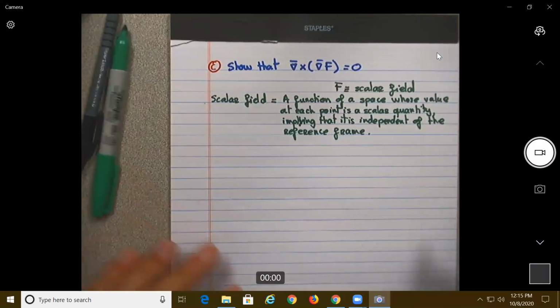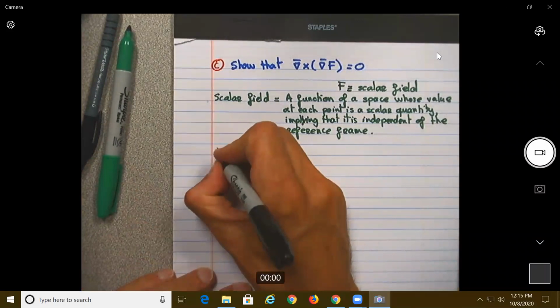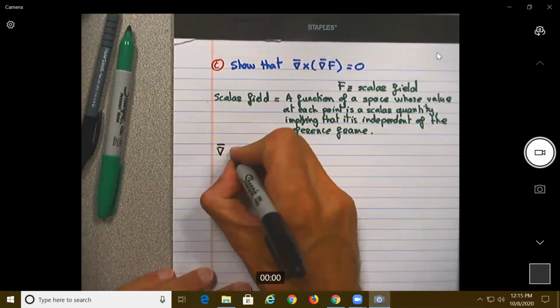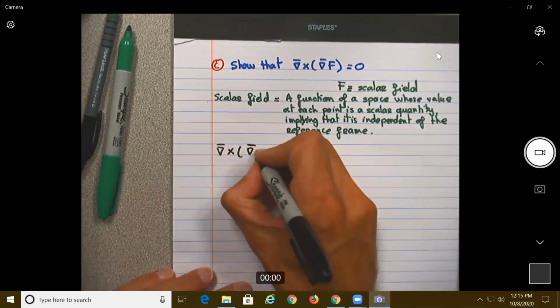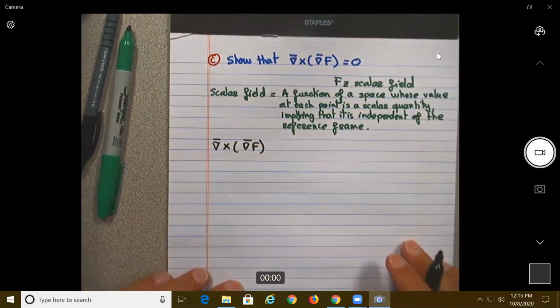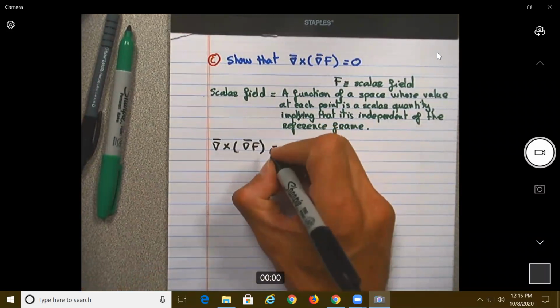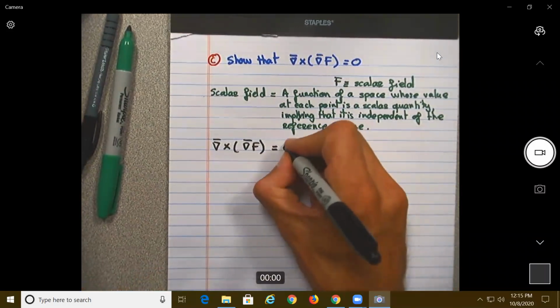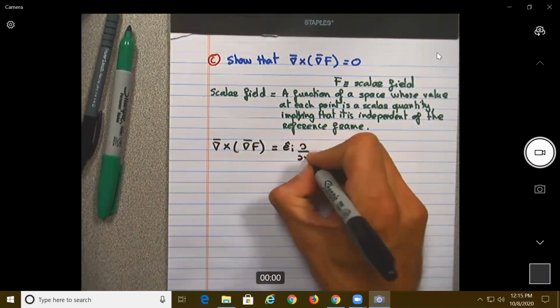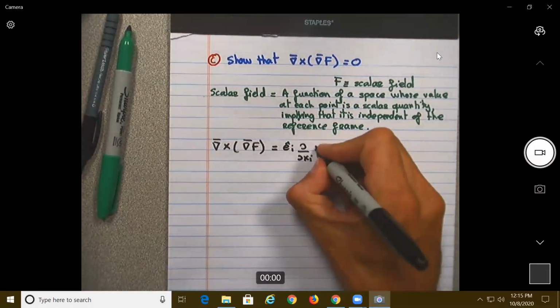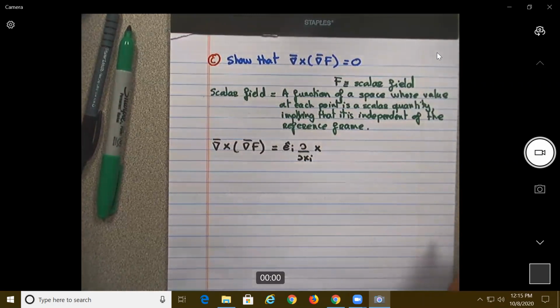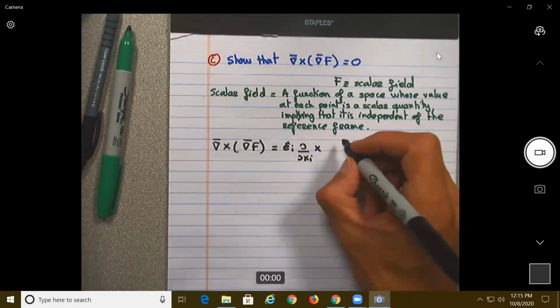Okay, so what I did on this one, I start from this side over here. This is no secret, it's only one side. And this will be equal to the del.